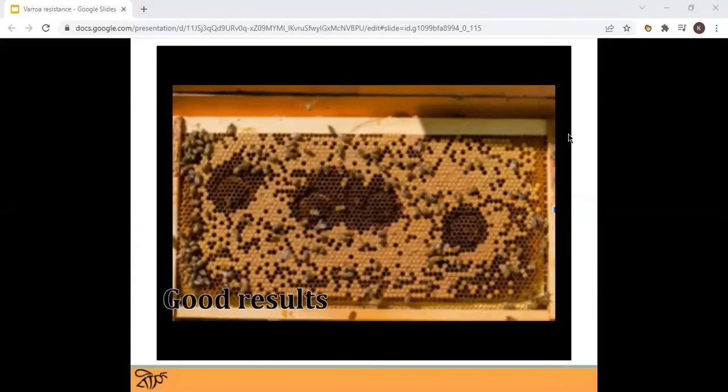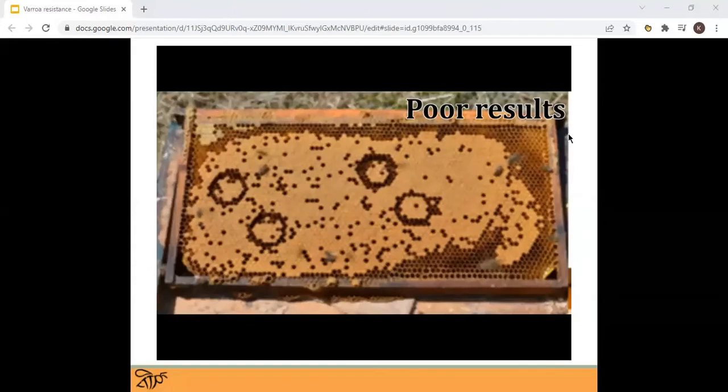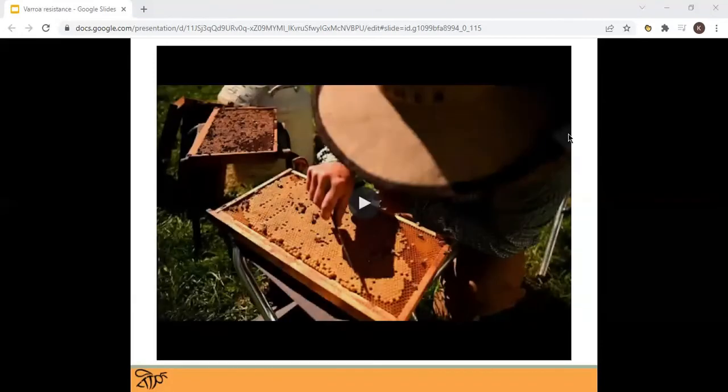So the first frame here is exactly what you want to see. Everything is taken out of those cells. And then this picture here is a colony that scored terribly in terms of hygienic behavior. They've barely touched that brood.